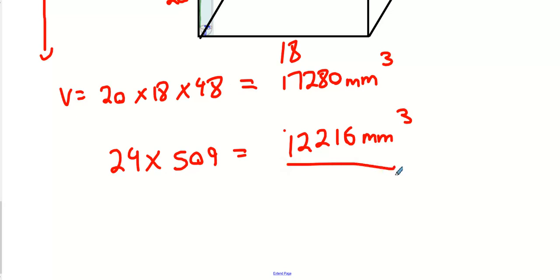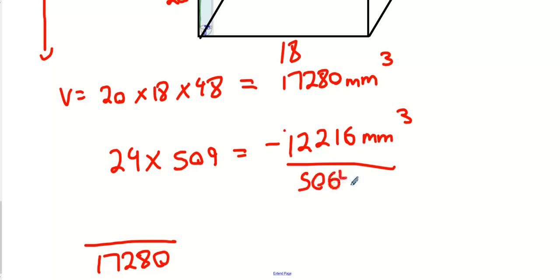So here's what's happening. We're asked for the percentage of the box that's not occupied. So the box size is 17,280. What fraction of it is not occupied? So take them away from each other. What do you get? 5,064 out of the 17,280 is not occupied by the tablets.